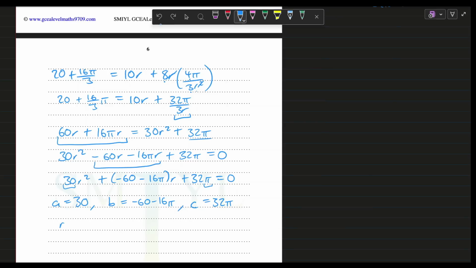So we're going to say r is equal to minus b, so that's going to be positive 60 plus 16 pi, and then plus or minus the square root of, that's our b squared, so negative 60, negative 16 pi squared, minus 4 times a, which is 30, times c, which is 32 pi, and this is all over 2 times a, so 2 times 30.